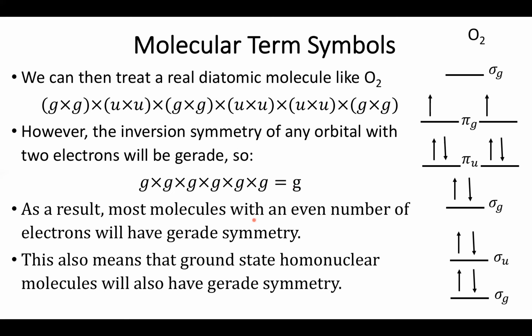And because in all homonuclear molecules both atoms have the same number of electrons, that will always give me an even number of electrons. So any of their ground states are always going to be Gerard. This is something nice to keep in mind. So this helps me tackle spin, orbital angular momenta, and inversion symmetry.